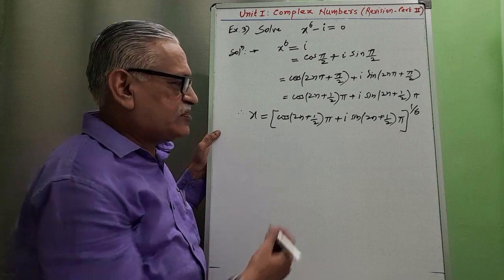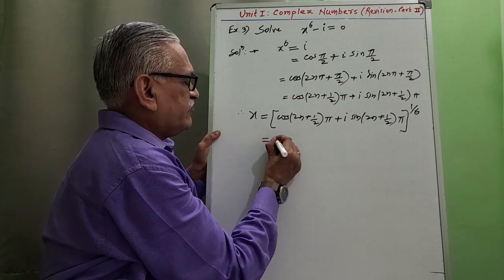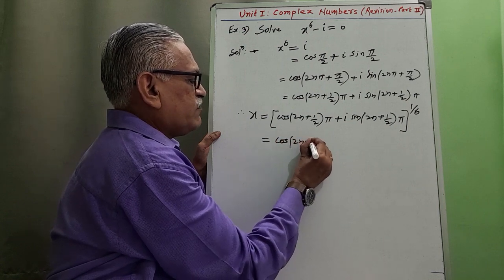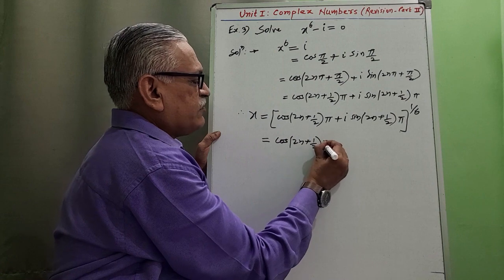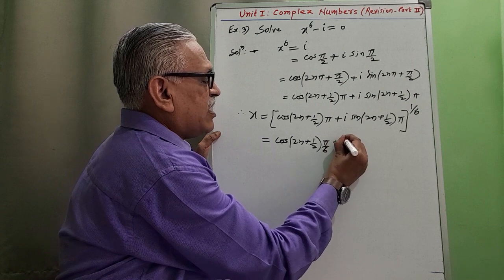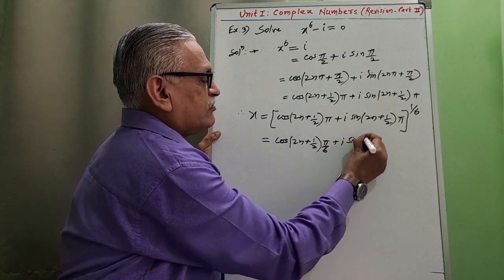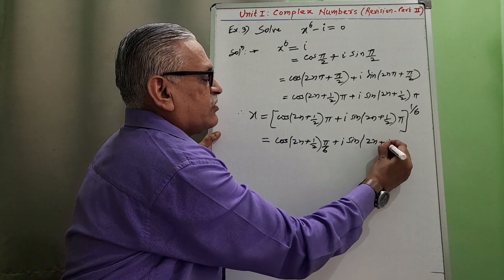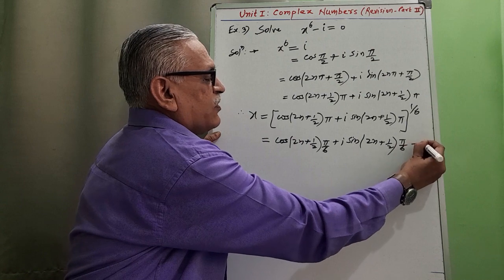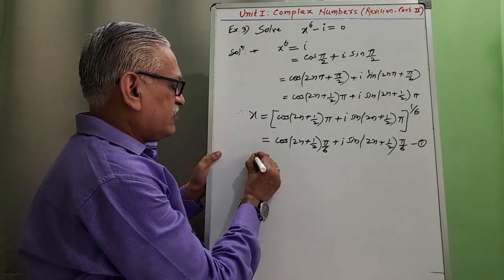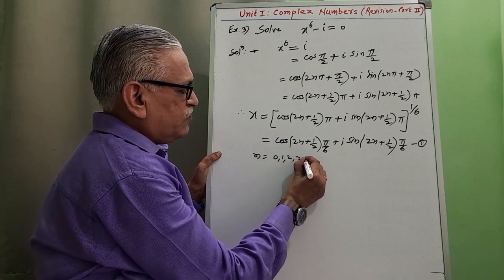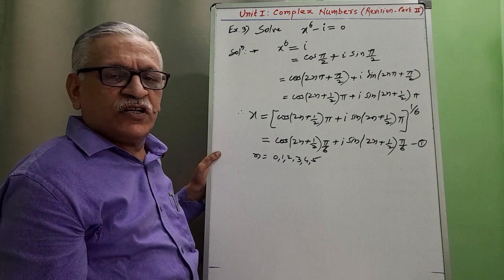Then applying De Moivre's theorem, we get expansion of this bracket as cos of 2n plus 1 by 2 times pi by 6 plus i times sin of 2n plus 1 by 2 times pi by 6. We call this equation 1, where values of n change from 0, 1, 2, 3, 4 and 5. Total 6 values.